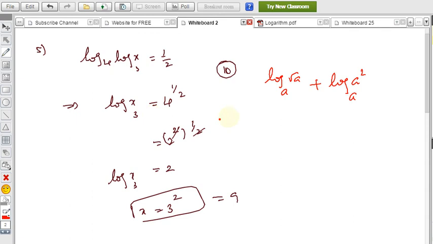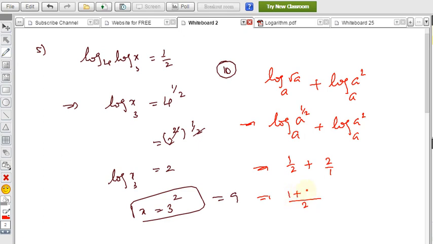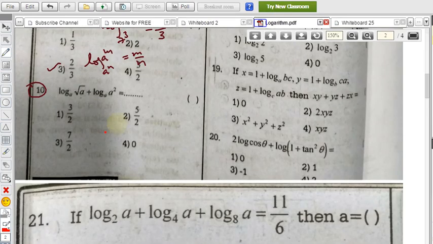The property I am applying: log root a is a power 1 by 2 to the base a, plus log a square to the base a. So log a and base a are the same. So this is 1 by 2 plus this is 2. So 1 by 2 plus 2 is 5 by 2. You can do the LCM. 5 by 2 is the value. So I am applying only properties here.